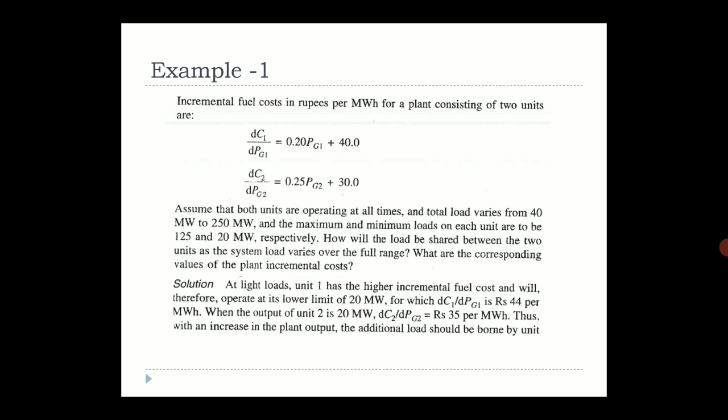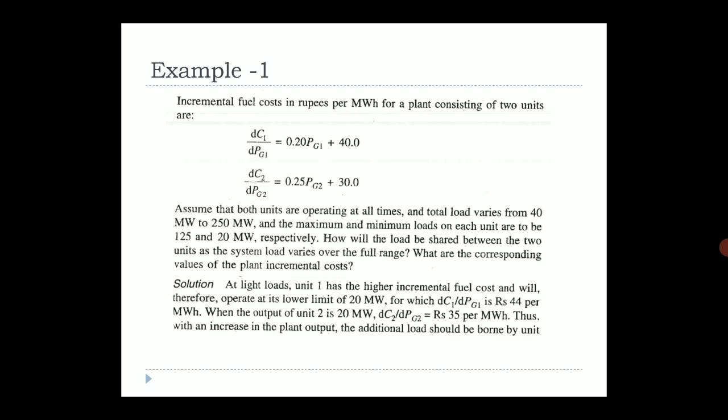How will the load be shared between the two units as the system load varies over the full range? That means if the load varies from 40 to 250 megawatt, how will the sharing of the load be, considering the incremental cost?